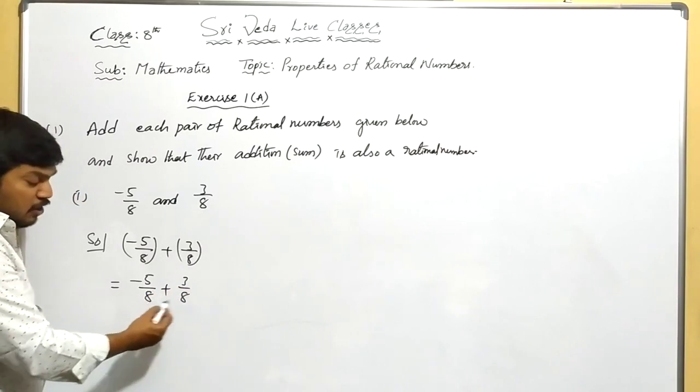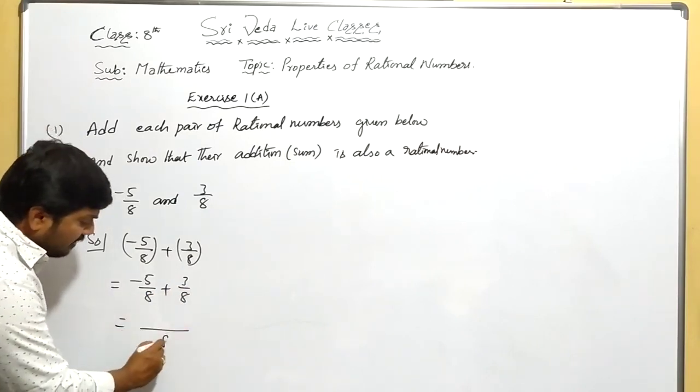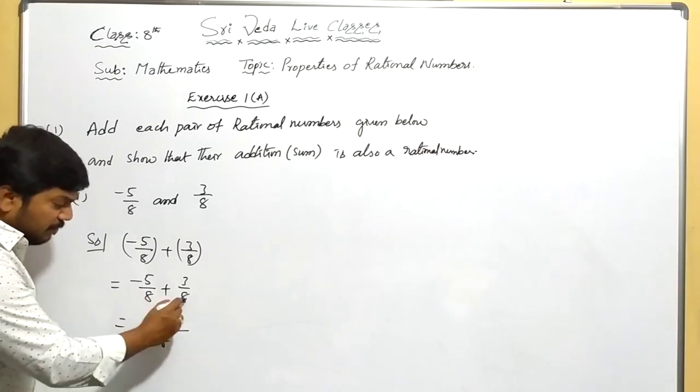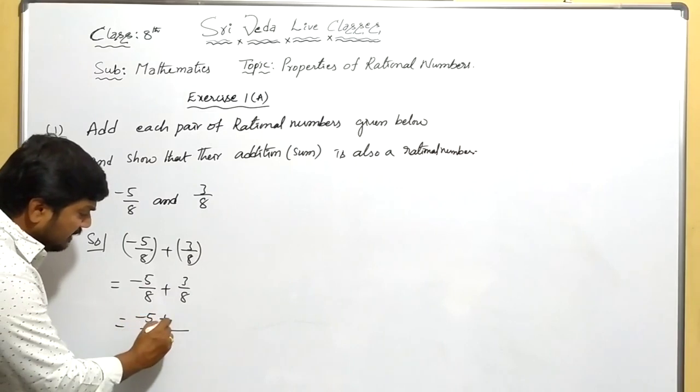Now, the denominators are the same, so the LCM is 8. If the denominators are the same, we can add the numerators: minus 5 plus 3.